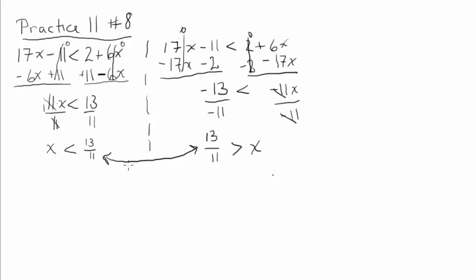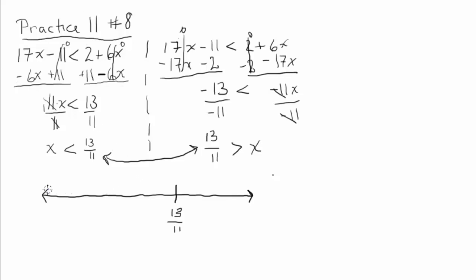So now let's look at turning this into an interval. I tend to like to draw it on the number line first. So I'm going to draw my number line. I want all the numbers less than 13 over 11. So here's 13 over 11.